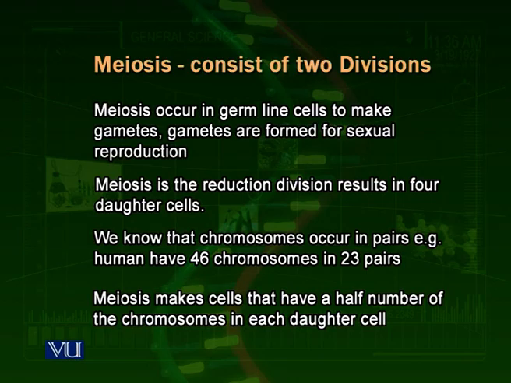We call this number n, and the mother cell, which has that 2n number, a diploid cell. Diploid means that it has 2 sets of chromosomes, and the daughter cells, the sperms or eggs, are called haploid. They have n, that is a half set of chromosomes, so we call them haploid.